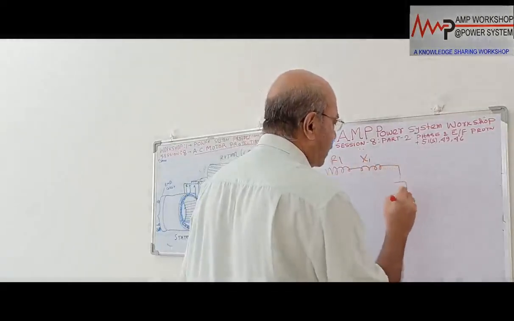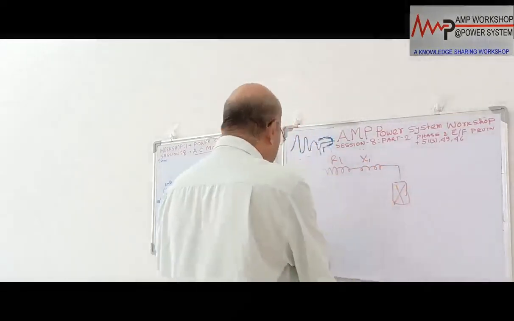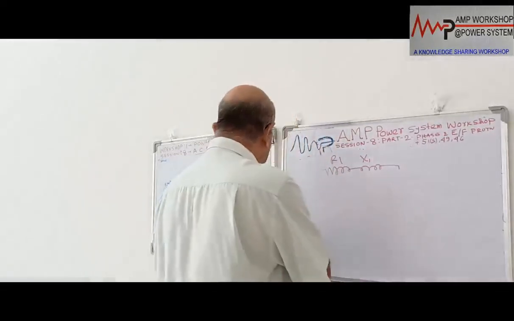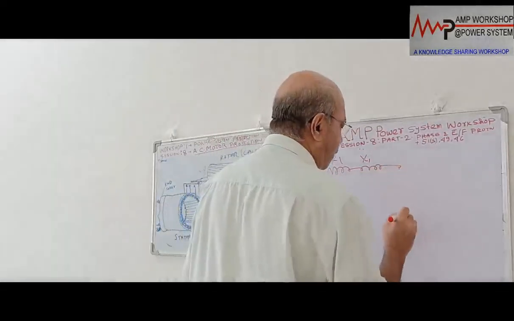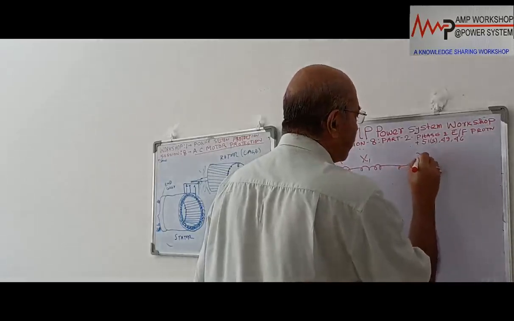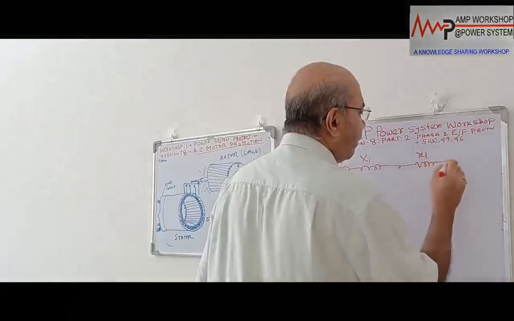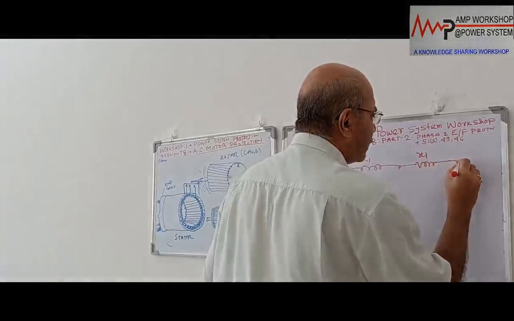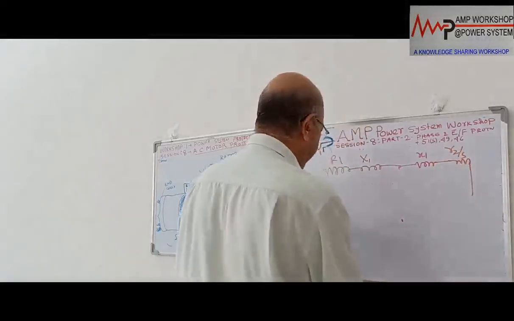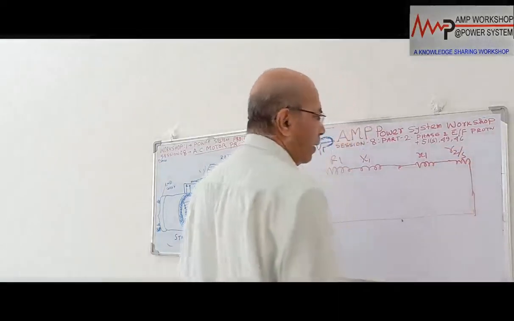Then we have a magnetic circuit over here, but the magnetizing reactance and resistance are very small, so we can neglect this part. Then this is a coupling point between the rotor and stator, and this is the rotor reactance, suppose X2, and then we have a rotor resistance called R2 by S, and then it is going back. This is the motor equivalent circuit.